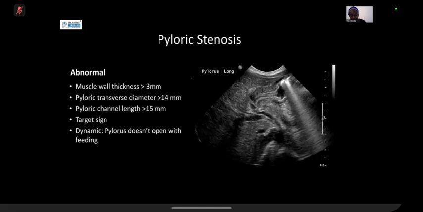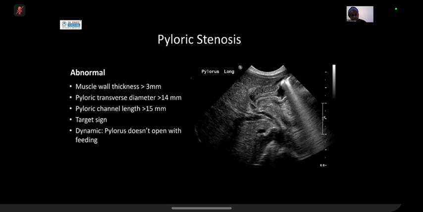If I've seen the pylorus open, that's fine. It's normal. The pylorus opens, move on. If I've not seen the pylorus open, I'll say this is towards the upper limit of normal, I've not seen the pylorus open, and we should follow this up. So I'd repeat the imaging in a few days and have another look, because if it's pylorospasm, I shouldn't see an abnormal pylorus again on the second ultrasound.